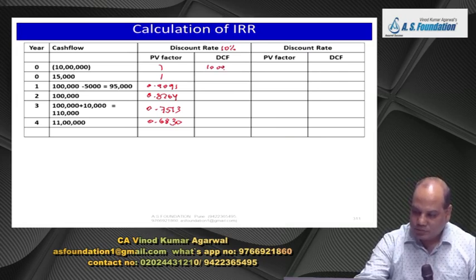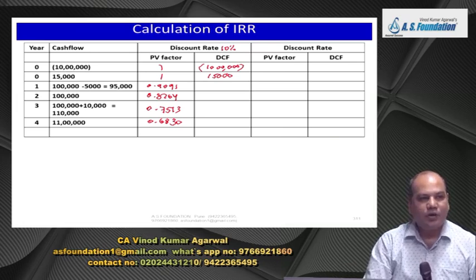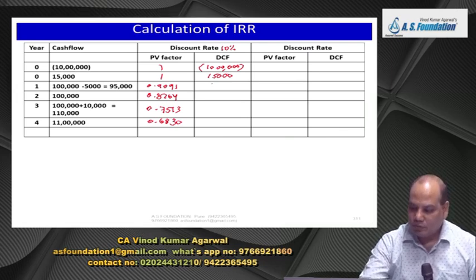10 lakh, 15,000, 95,000 into 0.9091. 95,000 into 0.9091, how much? 86,365. Very good. 82,640.